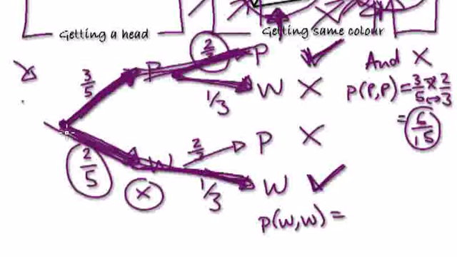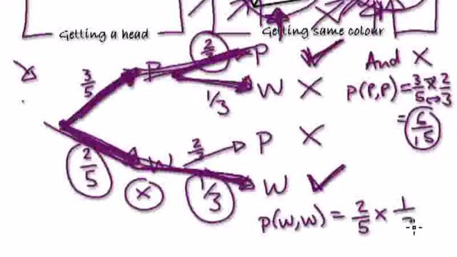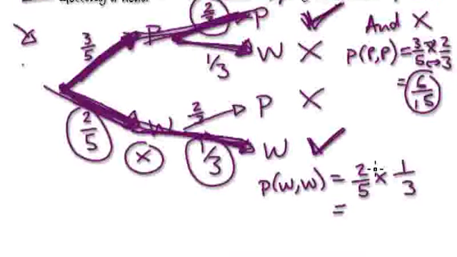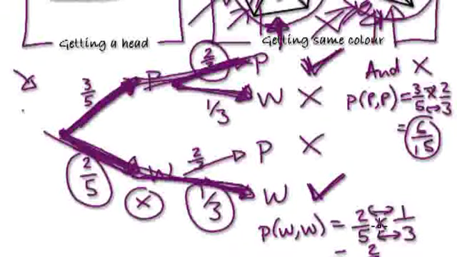The probability of you getting a white with the big spinner is 2 over 5, and this thing here is 1 over 3. So that equals top times top, which is 2, and then bottom times bottom would be 15.